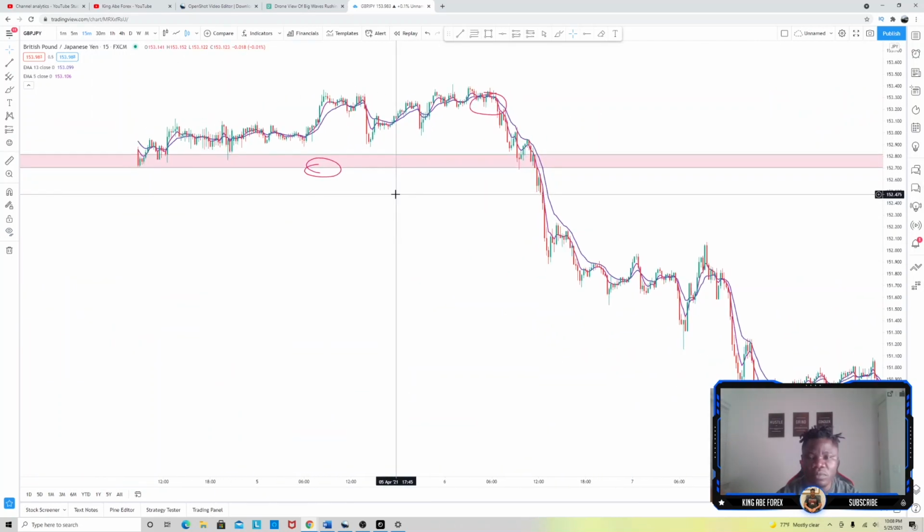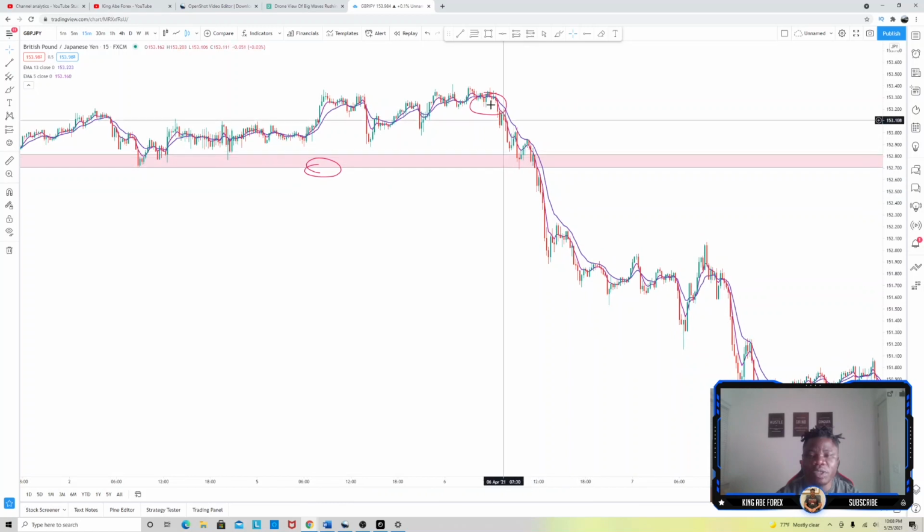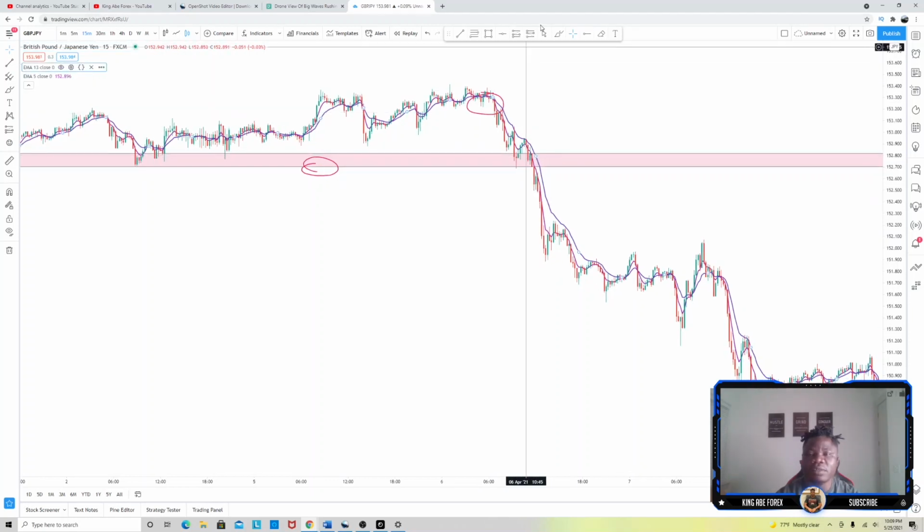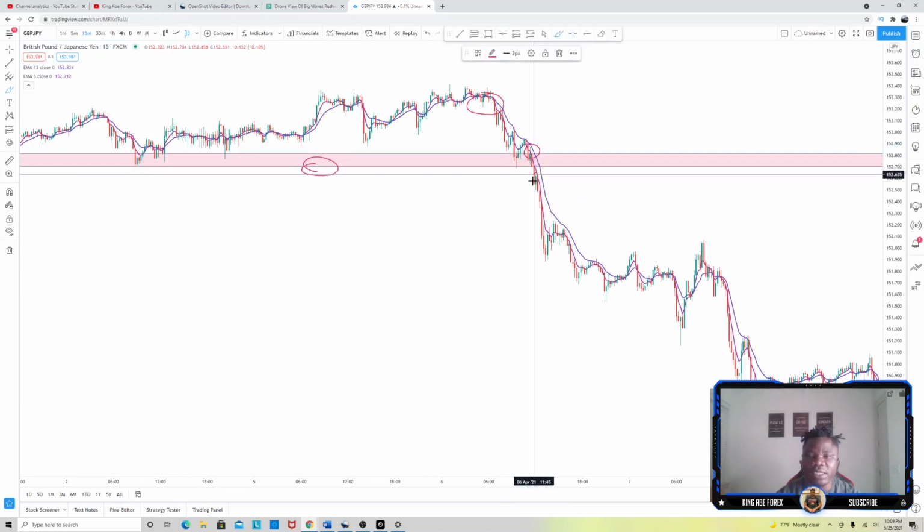So you would have got in because we have the first confirmation over here. Price closed below our support zone. Now you would have got in right over here because we have that retest. We have the retest right over here, and we had it over here, and we had it again right over here.